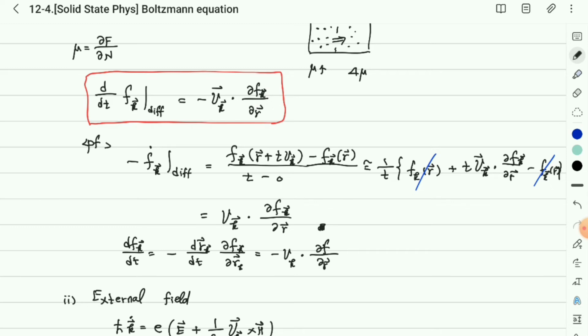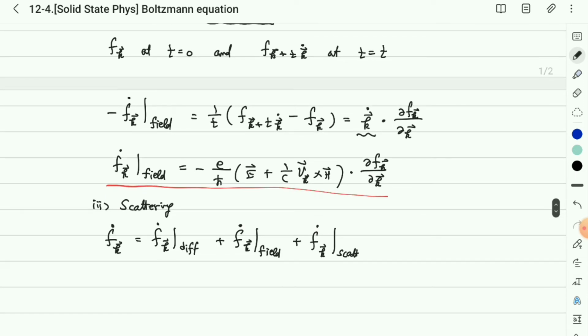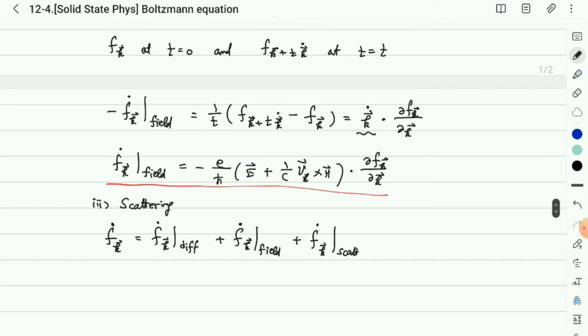In the electron case, the distribution function is the Fermi-Dirac distribution function, and phonons or photons are Bose particles, and they follow the Bose-Einstein function. But in scattering, we do not know the detailed calculation.